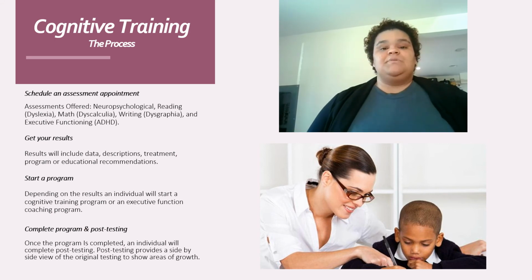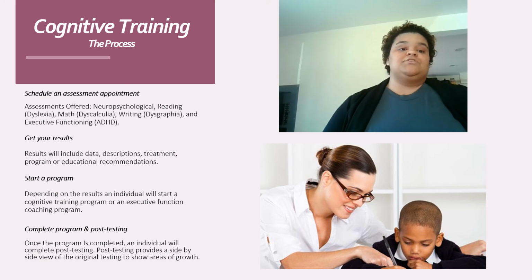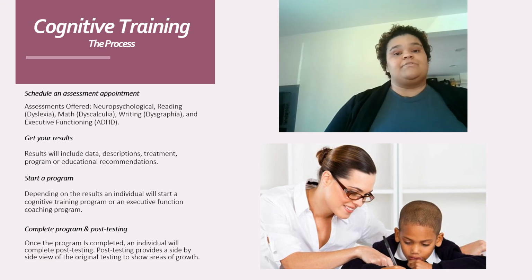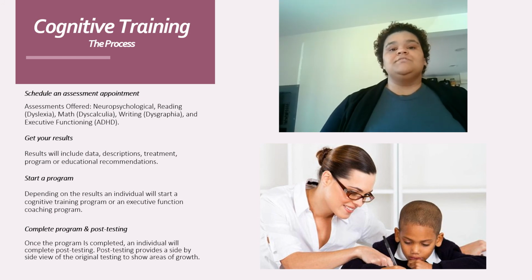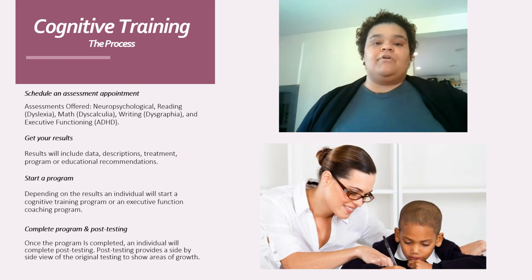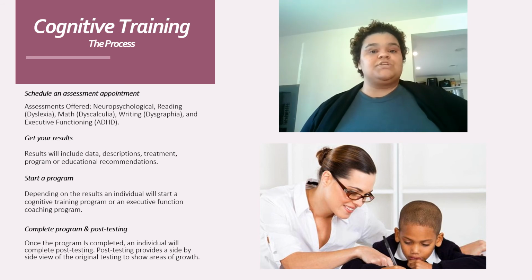Those recommendations can be used to implement a 504 or an IEP. And then you have a couple of different routes. You can either start a different kind of therapy, whether that's emotional-based therapy, speech therapy, eye therapy, it depends. Or you start a cognitive training program. A cognitive training program focuses on the specific deficient areas where somebody is weak cognitively, to really strengthen them so they can improve their skills overall.